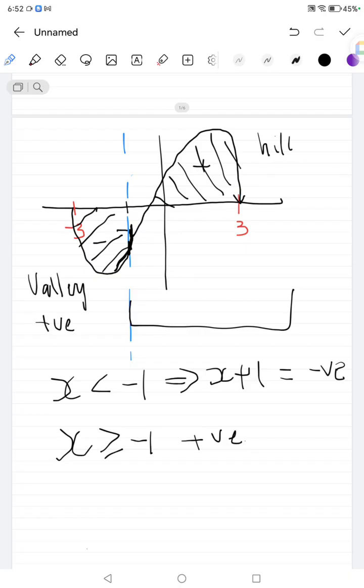It's positive. Then this one that I want to highlight is the one that's negative, and as we said, we can't be measuring a distance that's negative.